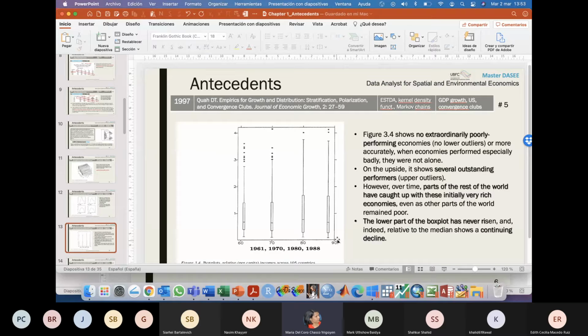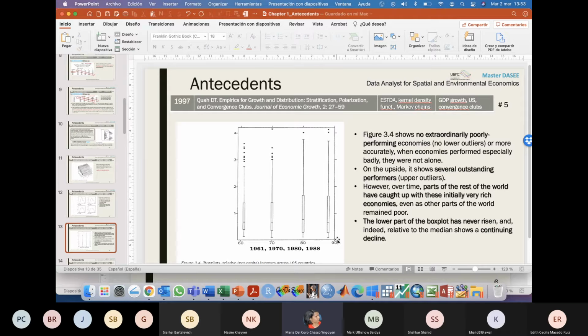But Quah derived that when economies performed especially badly, they were not alone, as isolated cases. They are clustered. So this is not good news. What it means is that these very low-income countries, well, there is not one or two that are horribly poor, but they are very poor and they are clustered, and this is why you don't find outliers.